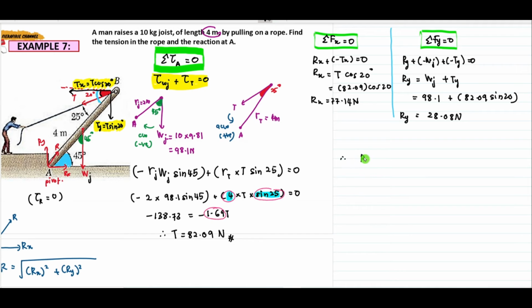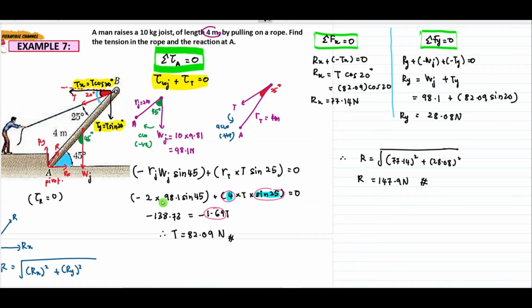Therefore, the resultant reaction force at point A is equal to the square root of Rx squared, 77.14 squared, plus Ry squared, and the answer is equal to 147.9 Newton. Okay, and this is the magnitude.